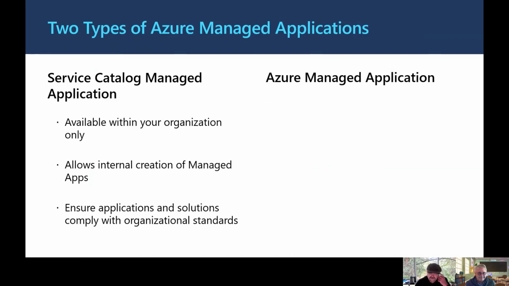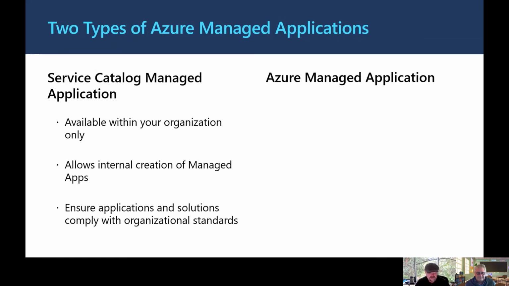Some differentiating factors here. As I mentioned, a managed application, a private one, is available only within your organization, and it's made available through something called a service catalog. If you were to go into the Azure portal and type service catalog, you would see the service, and it would give you the ability to create managed applications for deployment within your own organization.